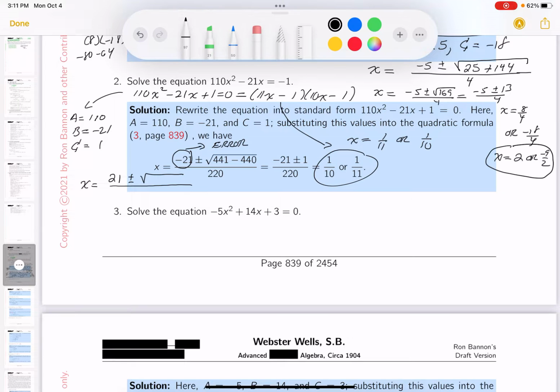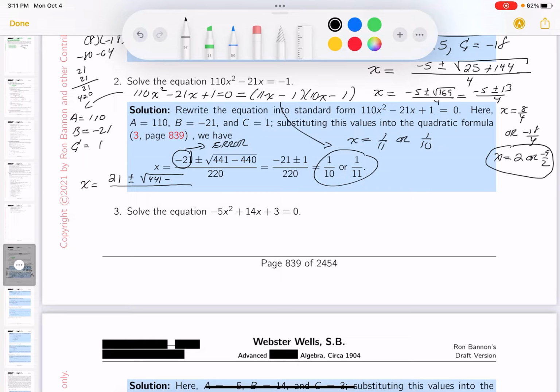Let's see. I've got to do the B squared, right? So I know it's minus 21 squared, so I have to do 21 times 21. Well, let's see. You get 21, and then 2, 4. So you get 4, 4, 1. I'll write that down for you.